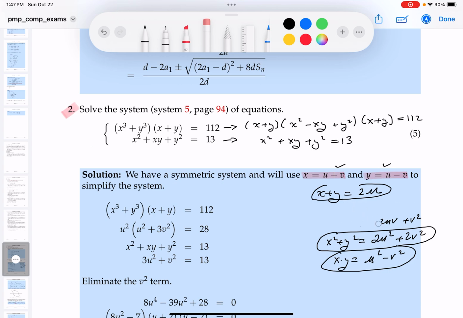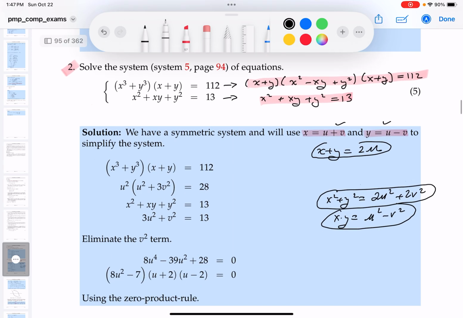And again, some students can do that in their head, but that's fine. So let's write this down, and I'll tell you what I'm doing. I'm just making a substitution here and here, and I'm hoping it's going to be really easy to do, by the way. So x plus y is 2u. For the second factor, I get an x squared plus y squared, that's 2u squared plus 2v squared.